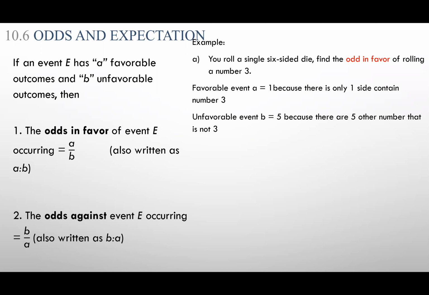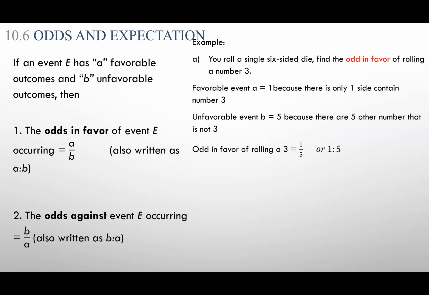So what we're looking for is the side containing 3 dots, which is one side, over the sides that contain anything other than 3 dots, which is 5. So the odds in favor are 1/5, or a ratio of 1:5, meaning one side contains 3 dots to the 5 sides that do not.